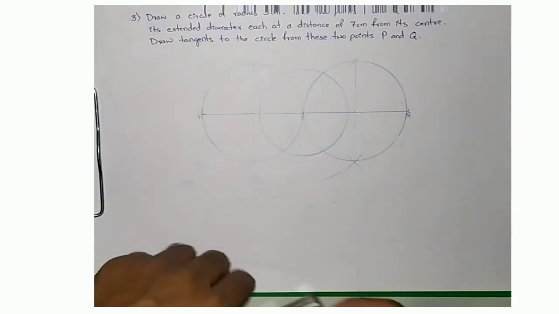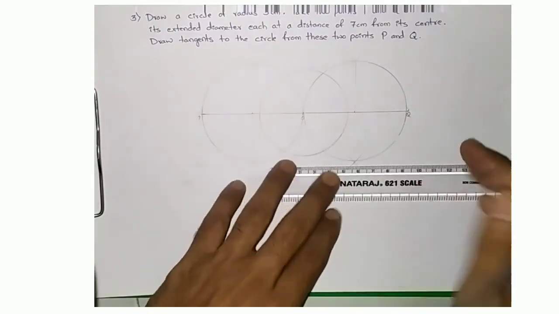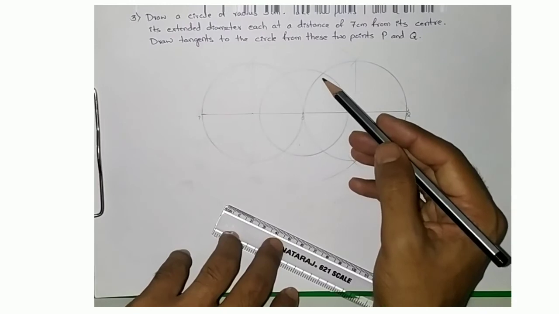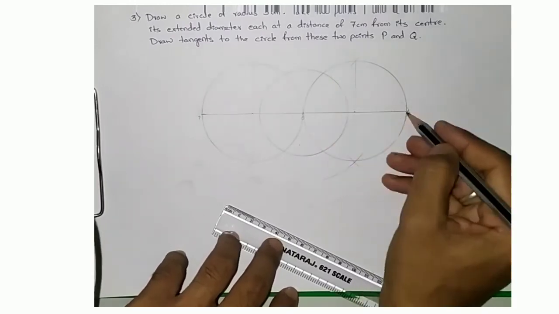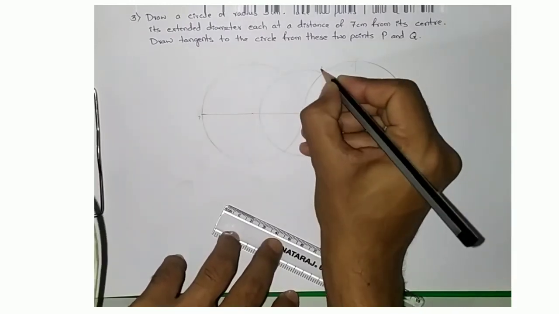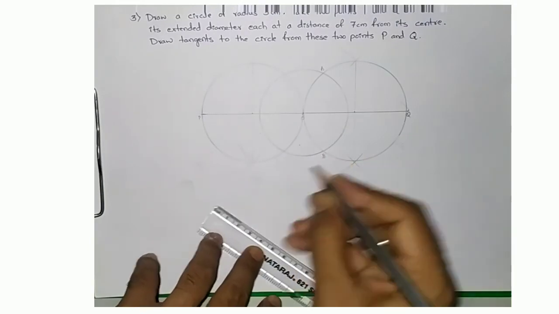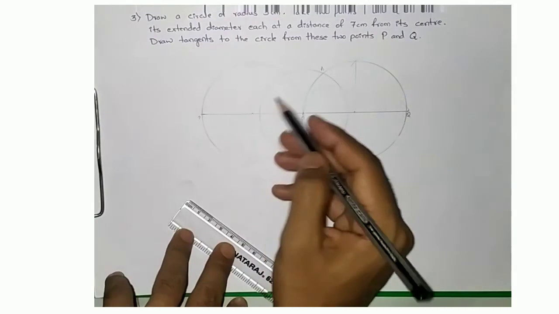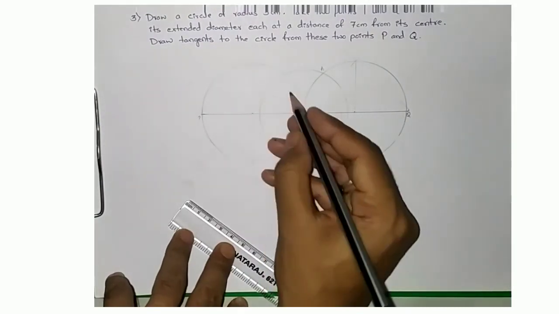Now from Q we got the circle which will pass through the earlier circle at 2 points. Let's name them A and B. Similarly from P also we drew one circle, which will pass through the earlier circle at 2 points.